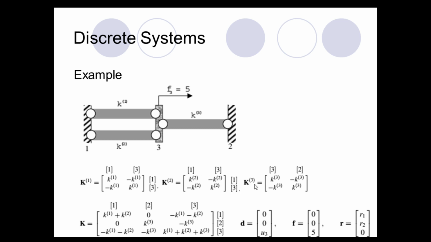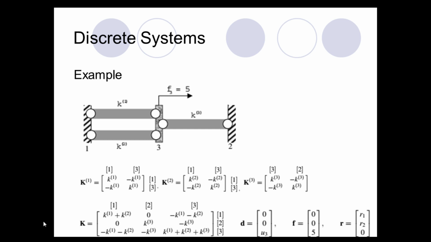Okay, let's look at the K3 now. Element 3, and write its stiffness matrix. So certainly node 1 of element 3 is node 3 in the global system. So this is node 1 of element 3. Now focus on node 2. Node 2 of element 3 is node 2 in the global system.